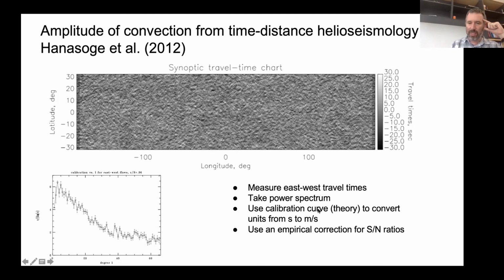So it basically says, if you had flow with a particular shape and depth, how would you convert these travel times to flows? And then there's another correction to take care of a signal to noise ratio, because some of what you measure in this map is noise and some of it is coming from flows. And you try to isolate the part that's coming from flows.